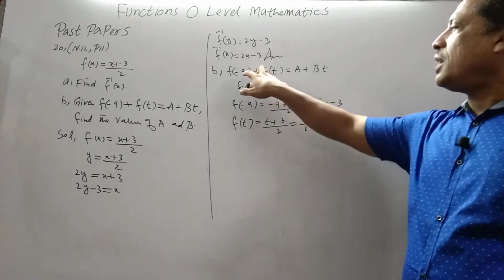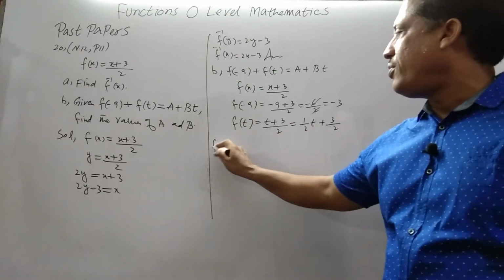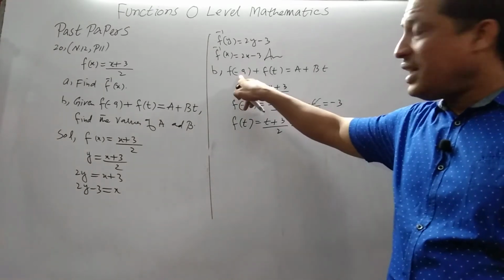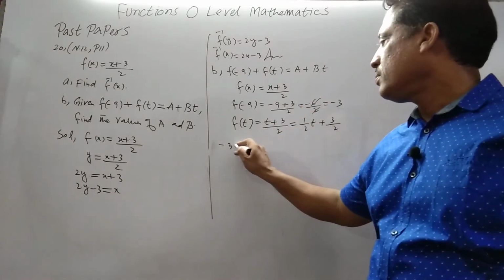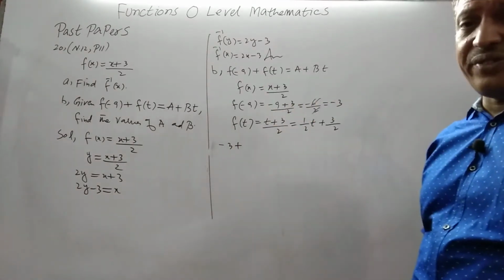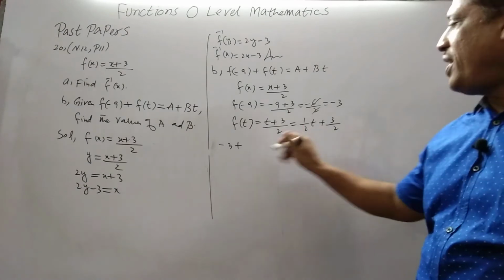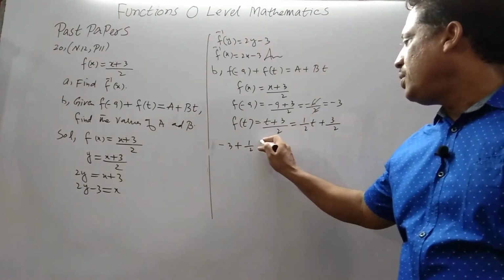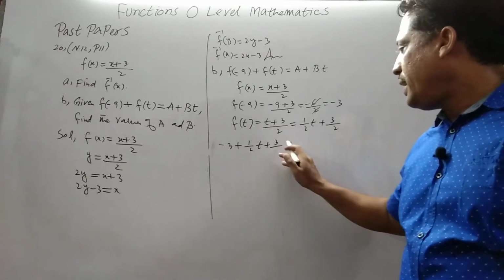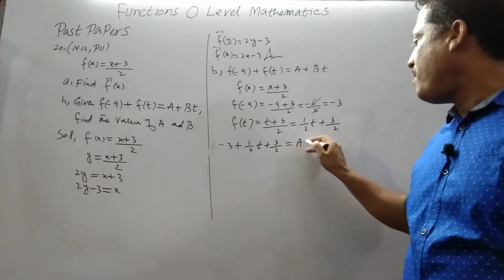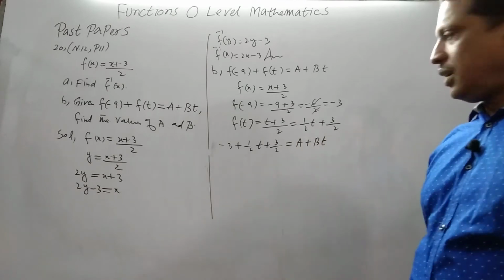Okay, now come to the main question. What is f of minus 9? We have already found minus 3, plus f of t. What is f of t? We found 1 upon 2 t plus 3 upon 2, equals a plus bt.